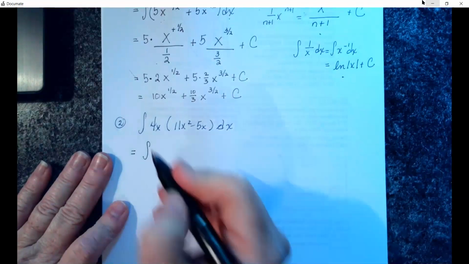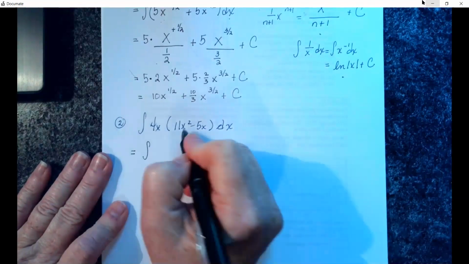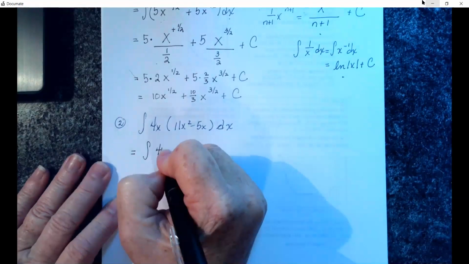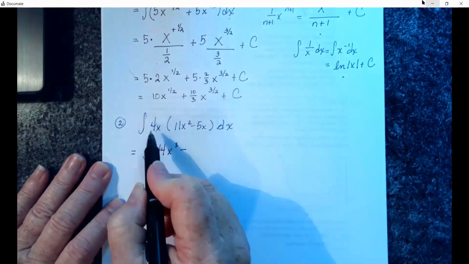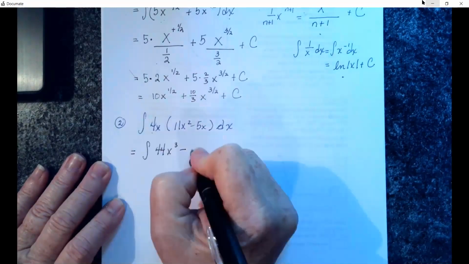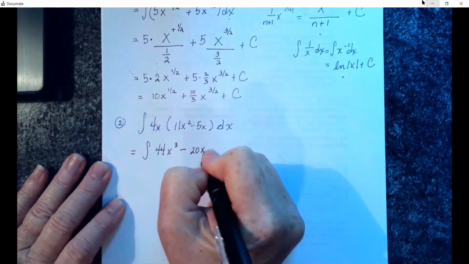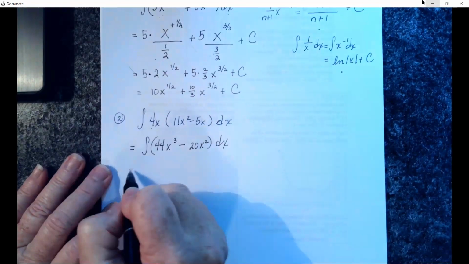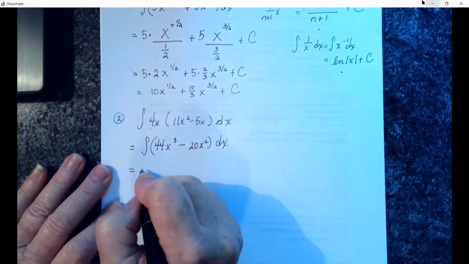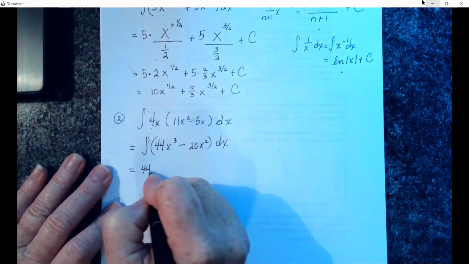So we would get 4x times 11x squared is 44x cubed, minus 4x times 5x is 20x squared dx. Now I'm going to integrate term by term. So I will have 44 times the integral of x to the third.